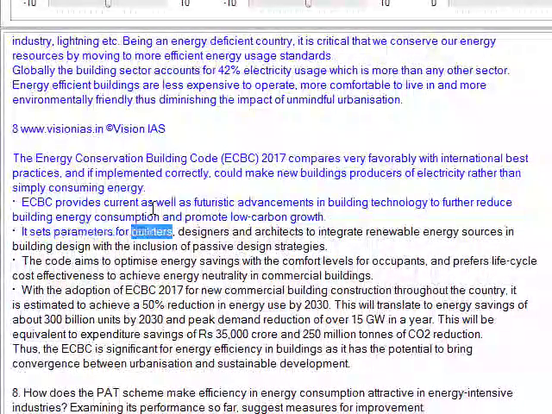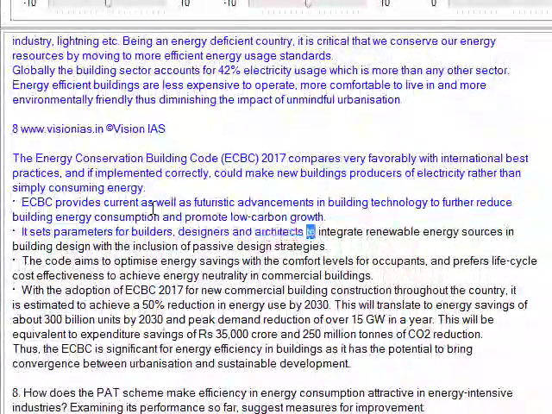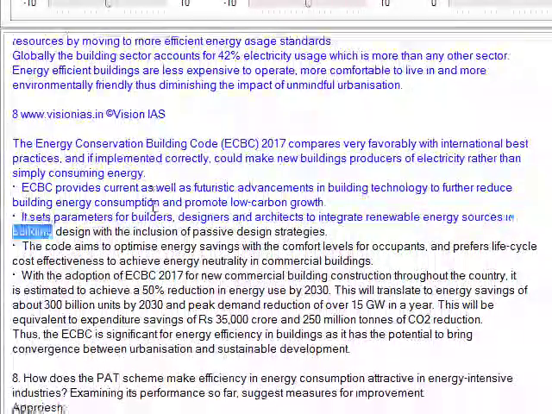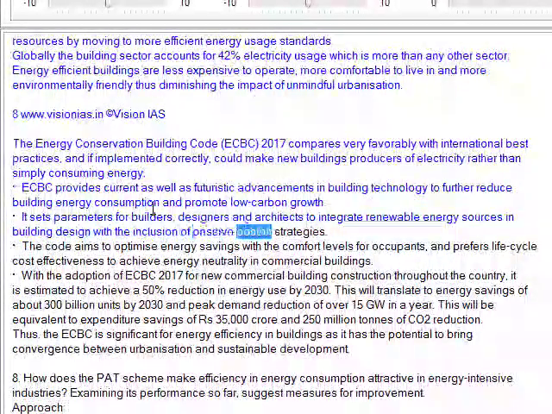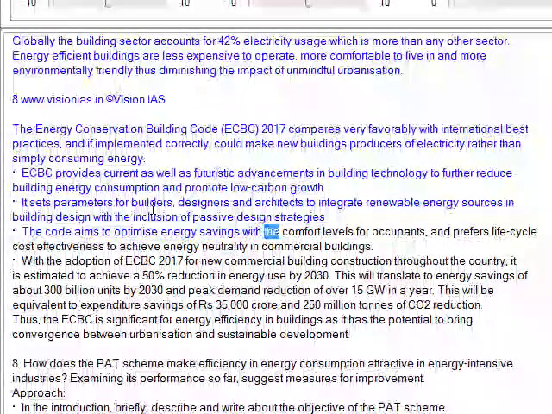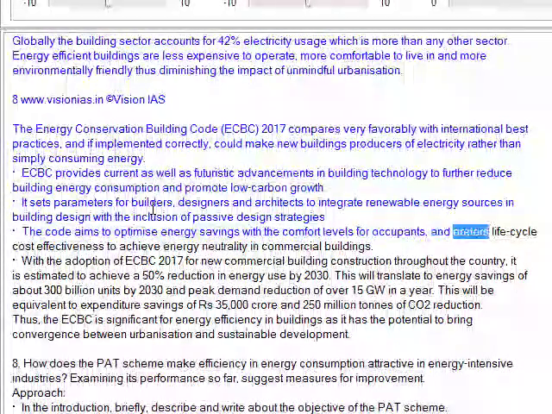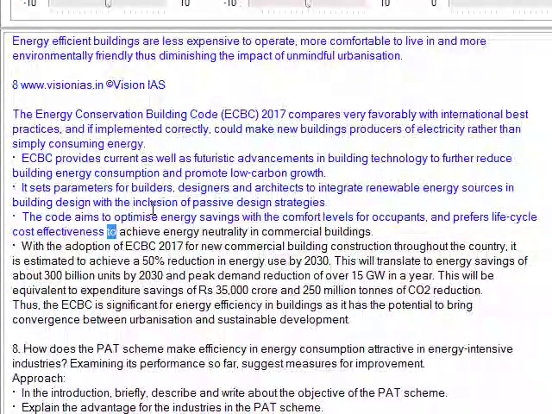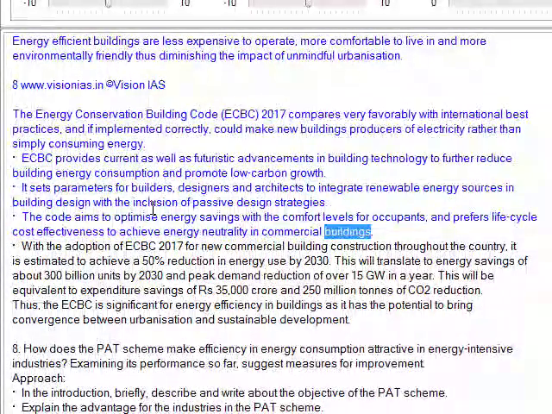It sets parameters for builders, designers, and architects to integrate renewable energy sources in building design with the inclusion of passive design strategies. The code aims to optimize energy savings with the comfort levels for occupants, and prefers life cycle cost effectiveness to achieve energy neutrality in commercial buildings.